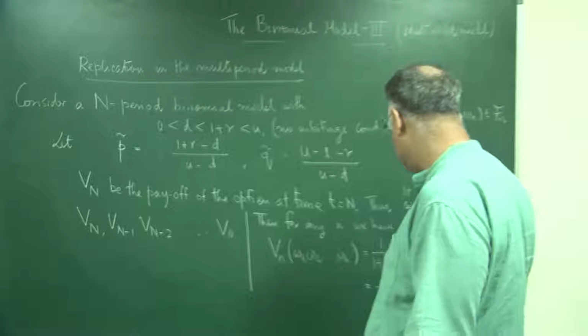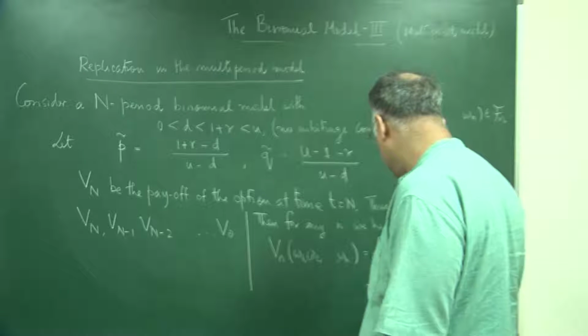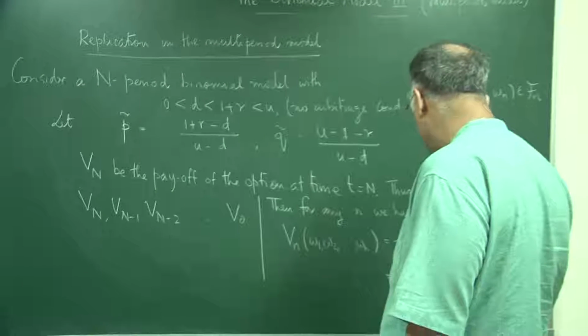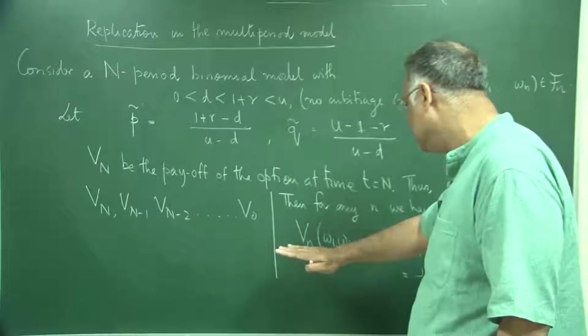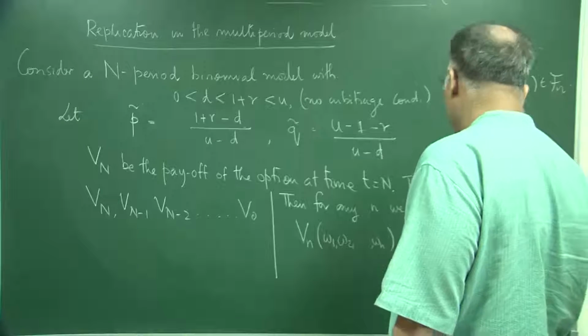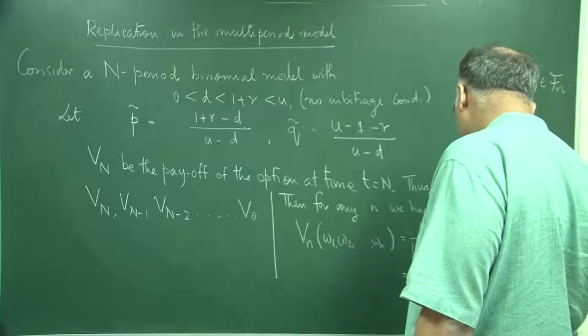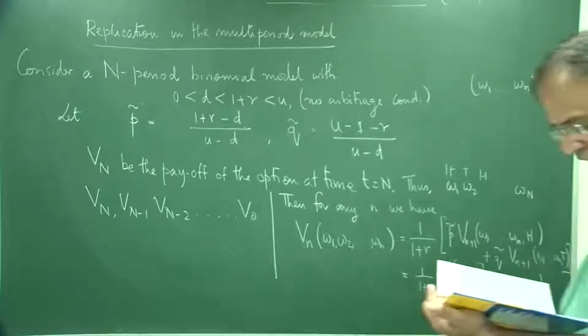So what it says, the worth of the option is nothing but the discounted value of the conditional expectation of Vn plus 1, and obviously the Vn, this random variable, is nothing but 1 by 1 plus r of the conditional expectation under the risk neutral probabilities. So, this is the way you compute Vn.